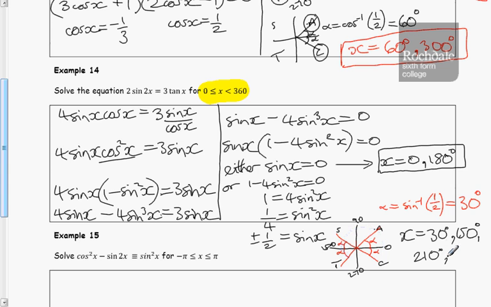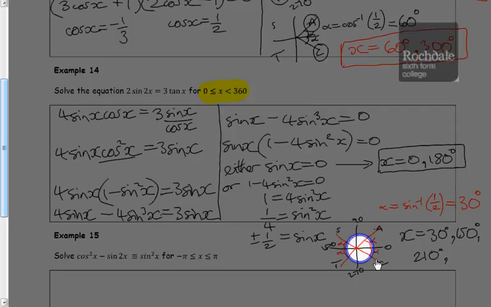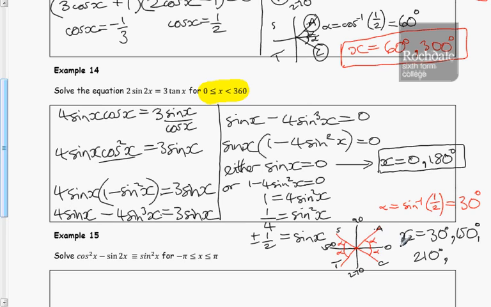And finally, the last one, almost all the way around, is 360 less 30 degrees. So 360, take away 30, 330 degrees. So in this question we got 6 solutions in the end.